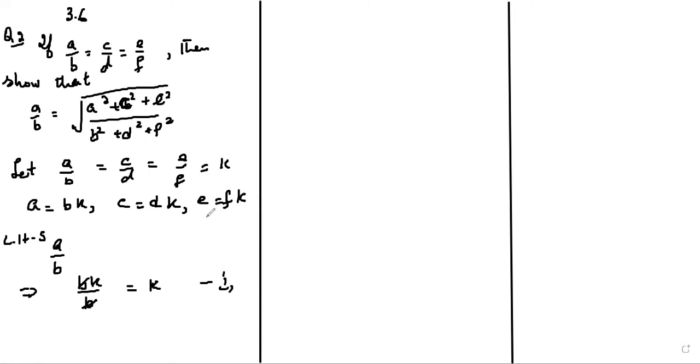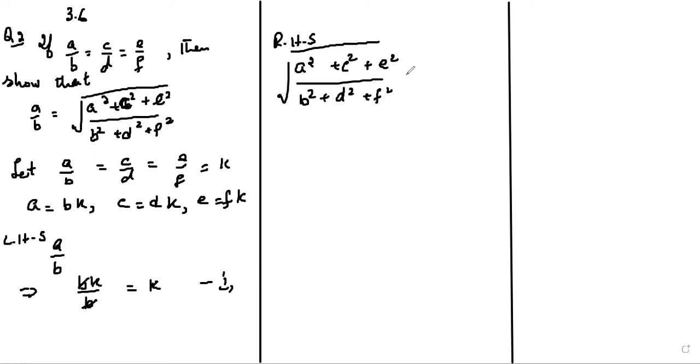Now going to the right hand side, we have the root of A square plus C square plus E square divided by B square plus D square plus F square. So we have A equals BK, C equals DK, and E equals FK.